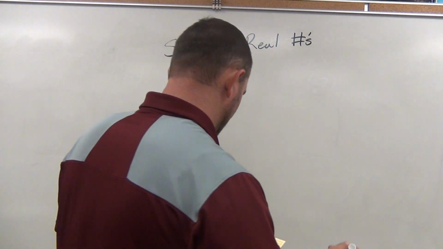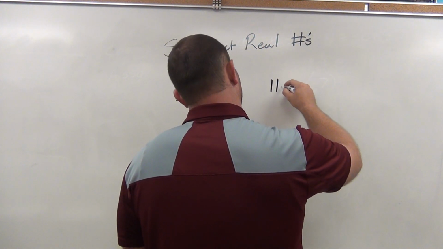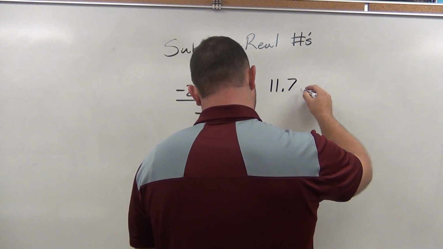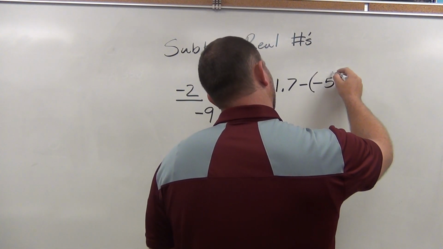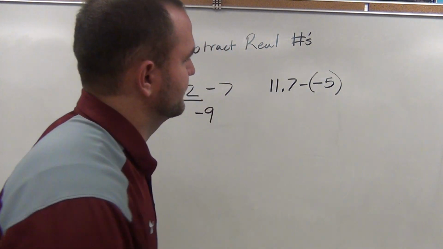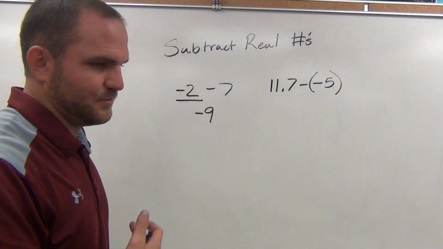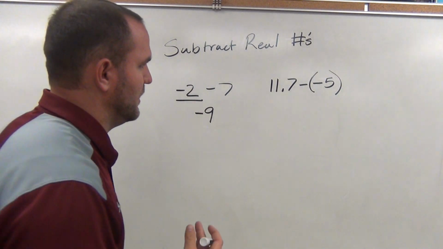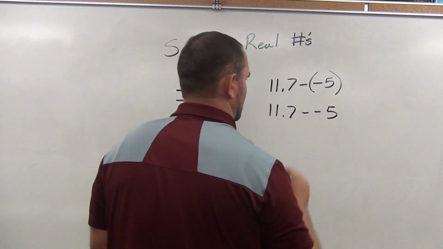Okay, now let's look at this one here. So 11.7 minus -5. Okay, now I am putting these parentheses, but usually probably what you'll see is something like this.